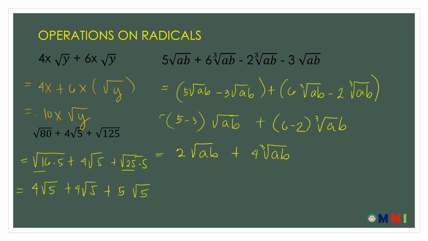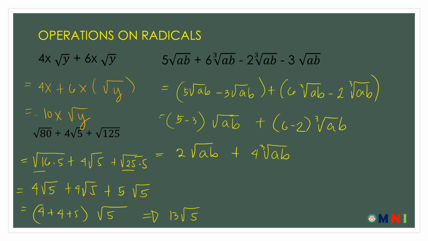And if you notice, we have here square root of 5, square root of 5, square root of 5. Therefore, they are already similar radicals. Therefore, we can just simply use the distributive of 4 plus 4 plus 5, then the square root of 5. Therefore, we have here our final answer. 4 plus 4 is 8 plus 5, 13 square root of 5.